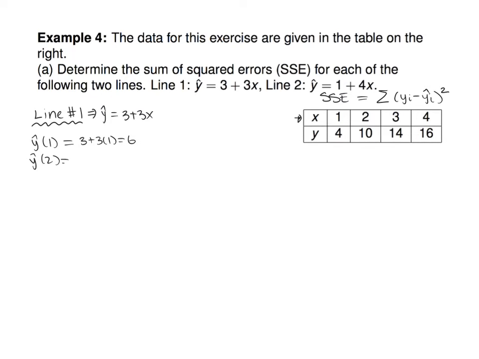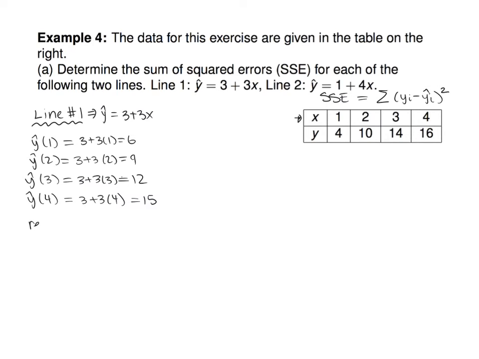Y hat of 2 is 3 plus 3 times 2, which is 9. Y hat of 3 is 3 plus 3 times 3, so 3 times 3 is 9, plus 3 is 12. And then y hat of 4 is 3 plus 3 times 4, so that's 15. Okay, so those are all the predictions.